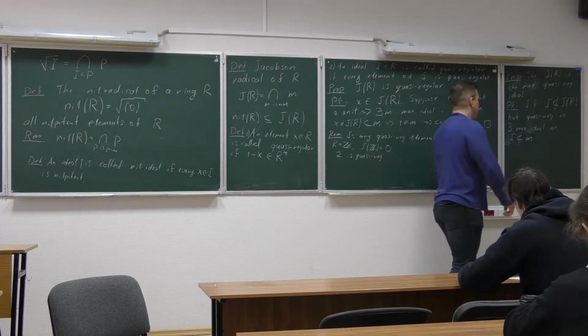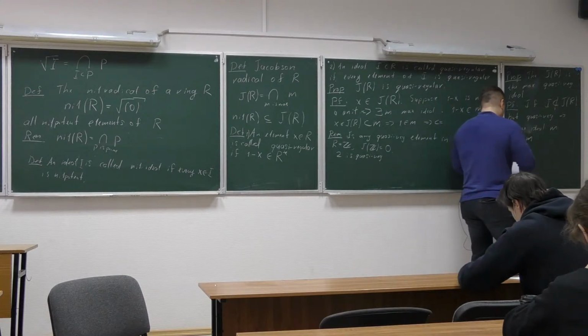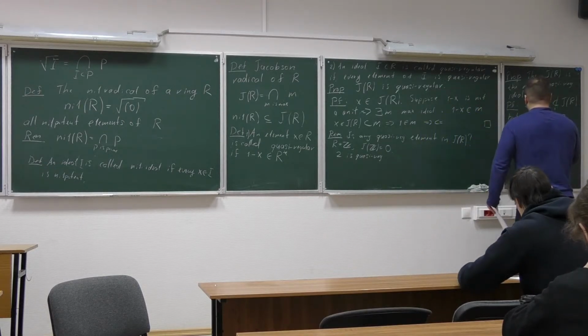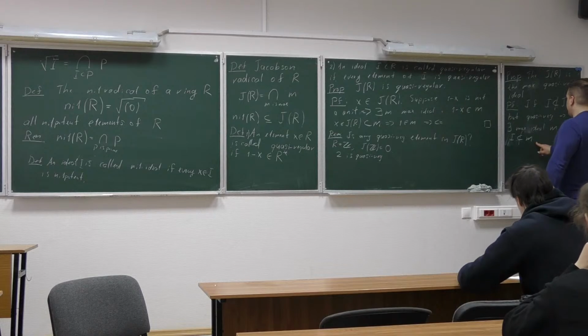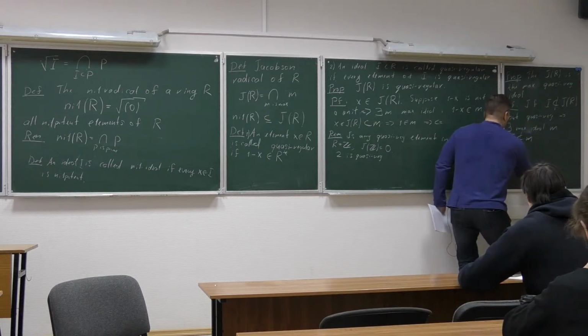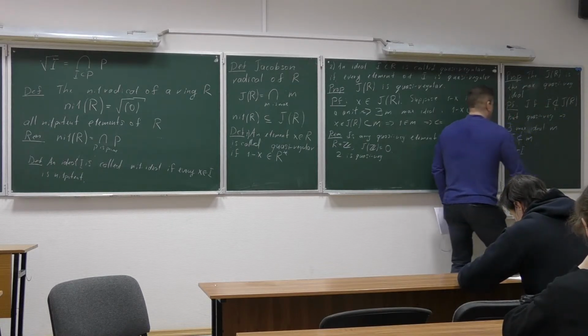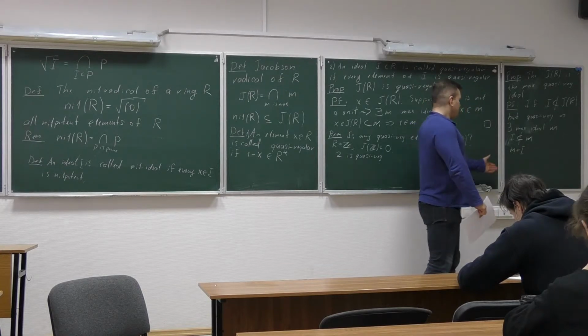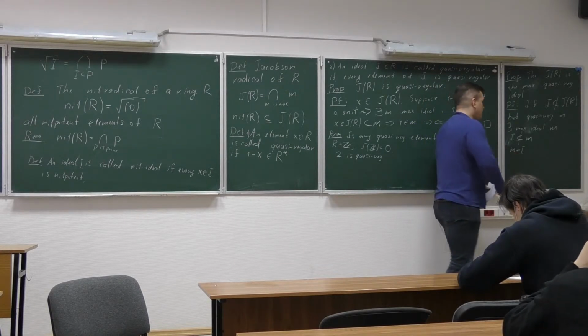But if I is not contained in M, then the sum of M plus I will be an ideal strictly larger than M, so it has to be the ring.